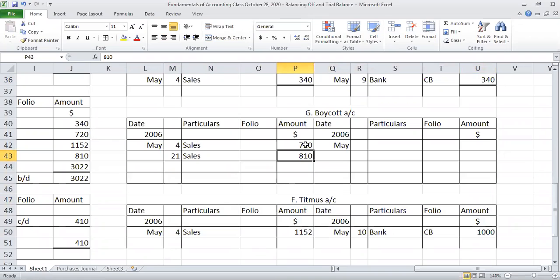So you add up the 720 plus 810. That would be 1,530. Since there's zero on this side, let's put in the 1,530. May 31, balance CD. Put in the single and double line now.